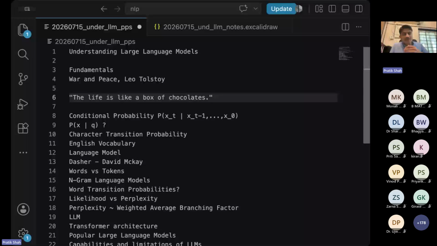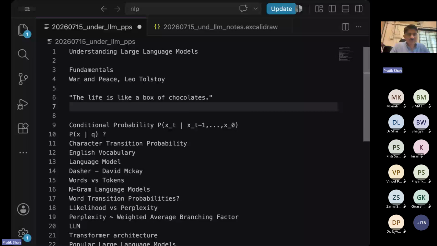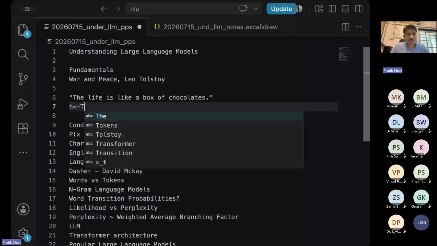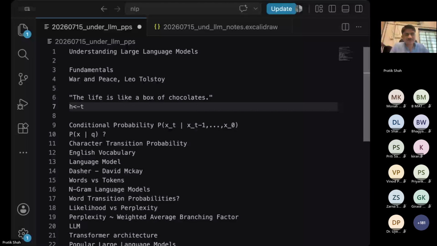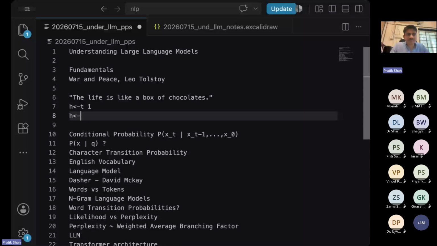Now, what we do, we try to figure out from this sentence how many times in this sentence H follows T. So how many times do I see that H is after T? And the answer is 1. How many times H is after C? 1.